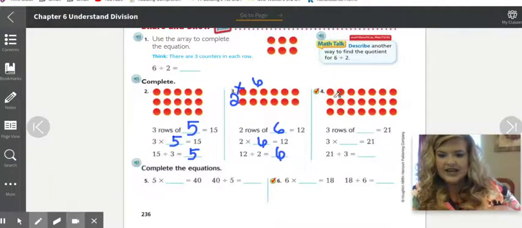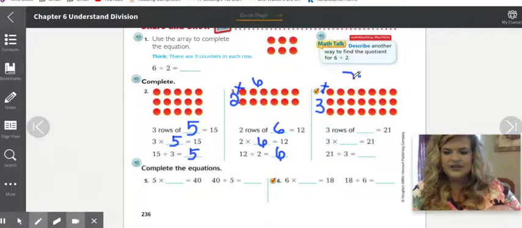This one, let's see, I have 3 rows. 3 rows of something should give me 21. Can you predict what that will be without counting them? If you can't, then let's count them together. And I remember that I've got an X there. 1, 2, 3, 4, 5, 6, and 7. 3 rows of 7 should give me 21.